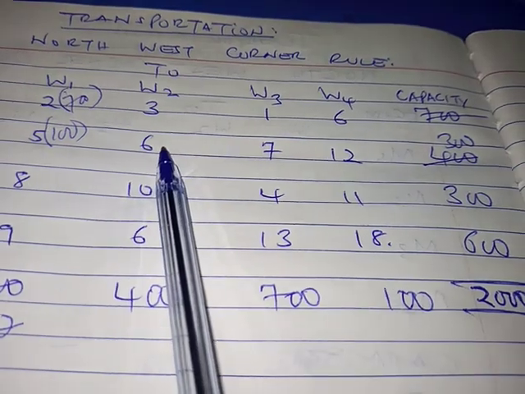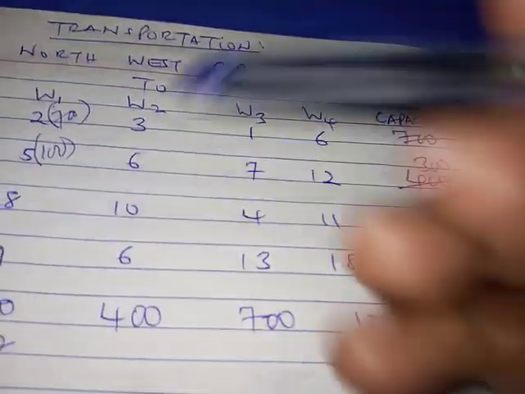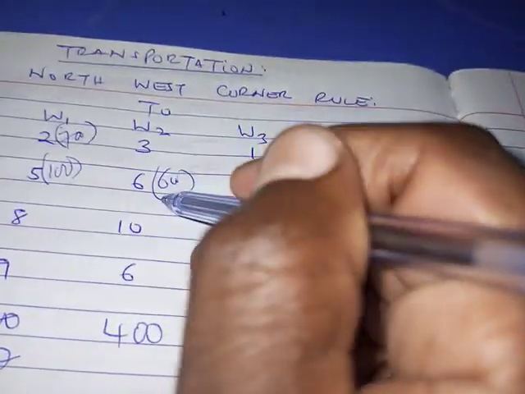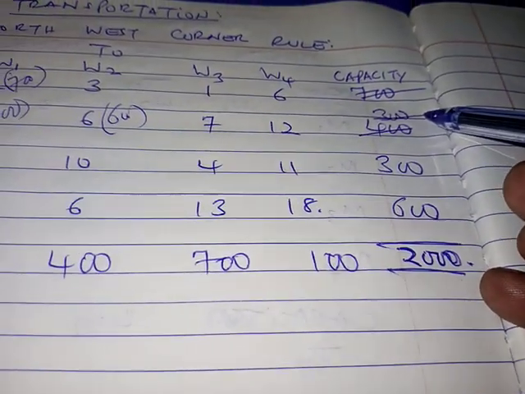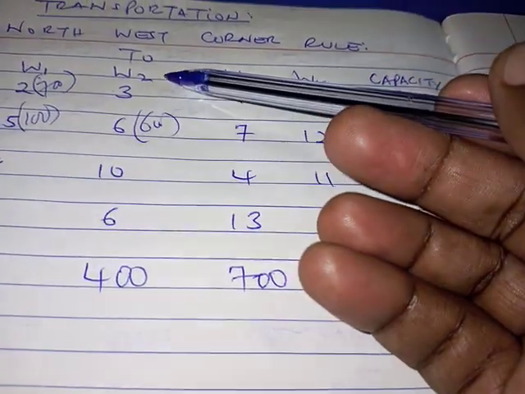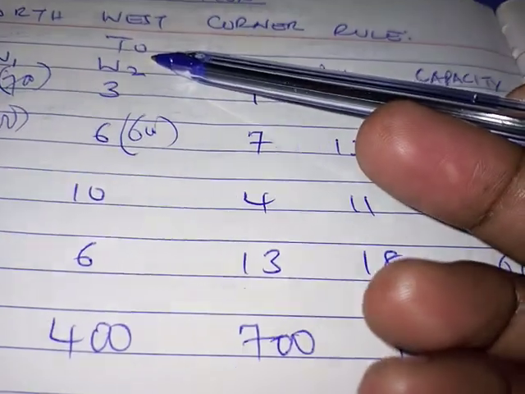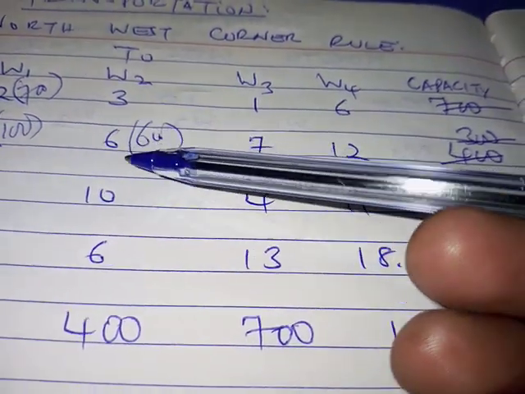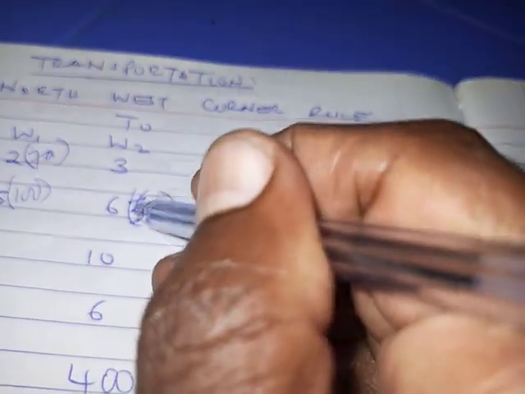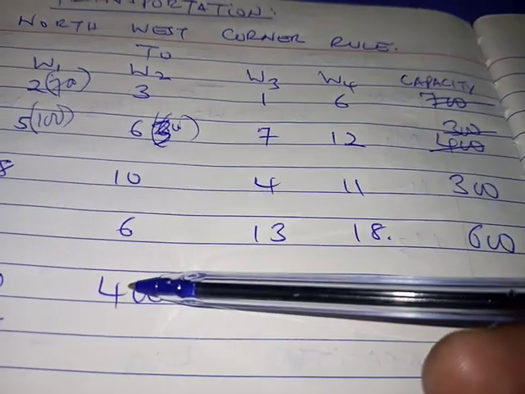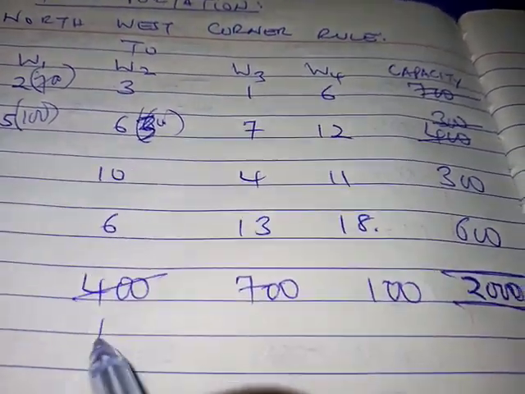So that is at 6, we shall assign 300 at 6 shillings. And therefore, we shall cancel the 300 balance and also look at the capacity for W2. We shall say we have assigned 300 to W2. And so the balance shall now be only 100.